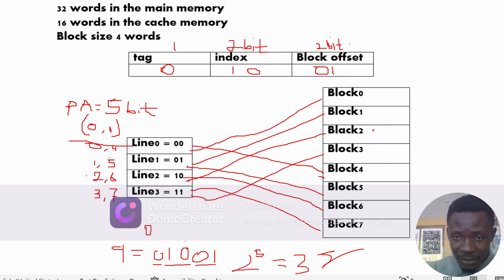Then we had word 8, word 9, word 10, then word 11. So when we find the binary for that word, the 01 will land on word 9. We will find word 9 inside here. This is about the direct mapping.